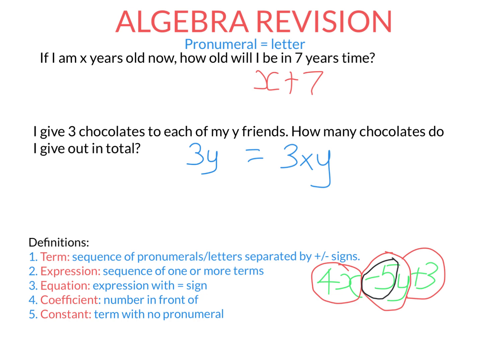It varies. That's why x is a variable. The value of y changes from question to question. It varies. That's why y is a variable. But 3 is a constant. It is constant because it doesn't change in value. 3 always means the same thing from question to question. All right, let's now actually look at some substitution.